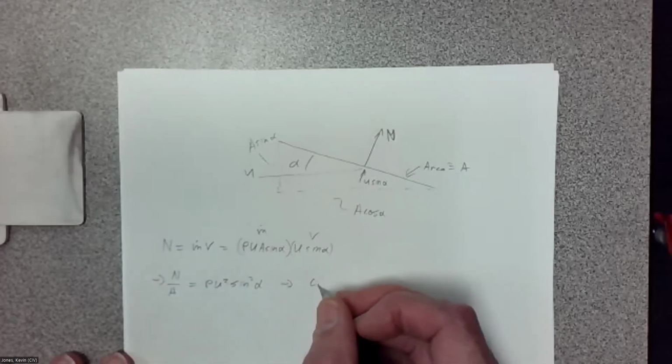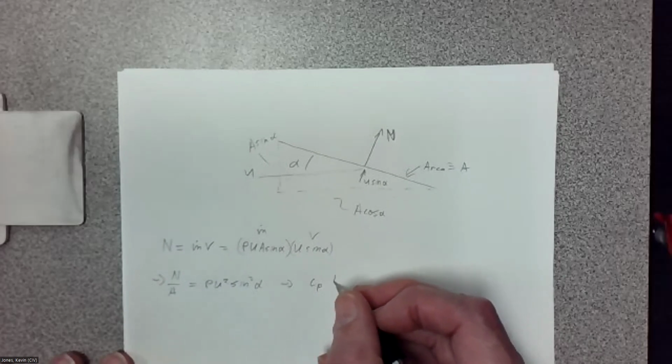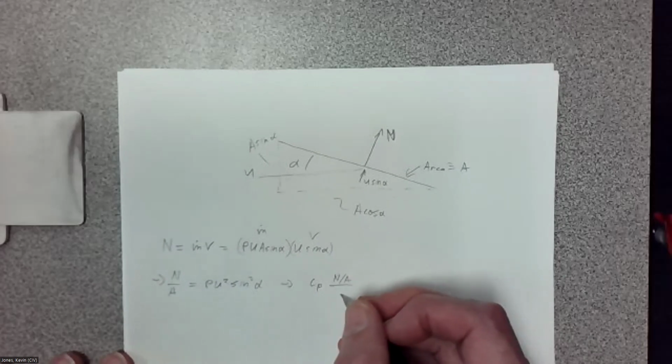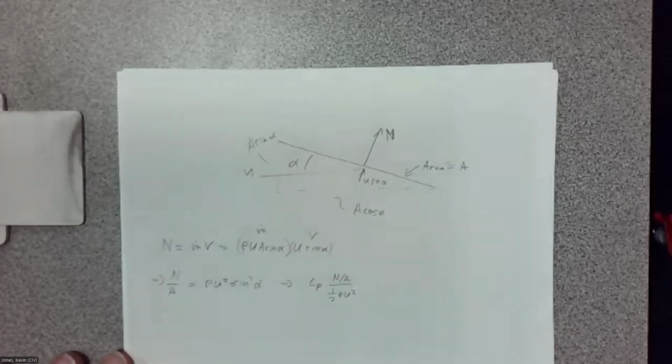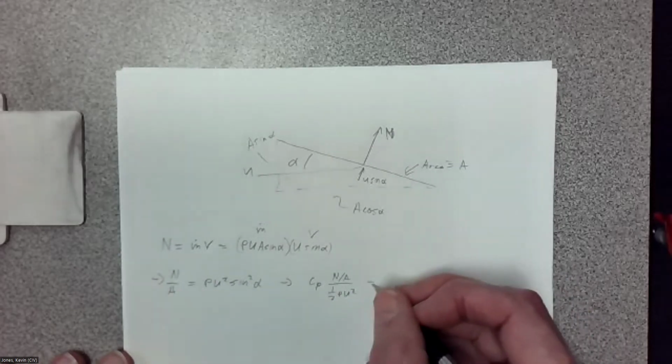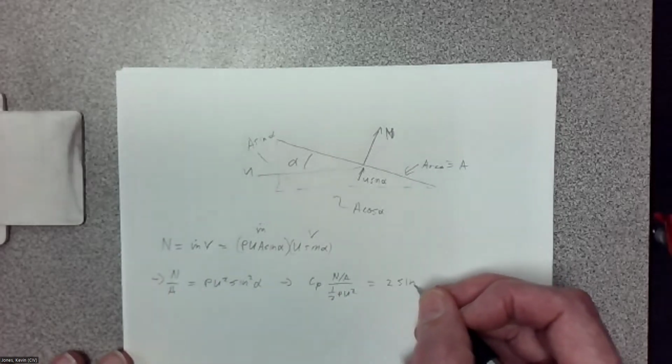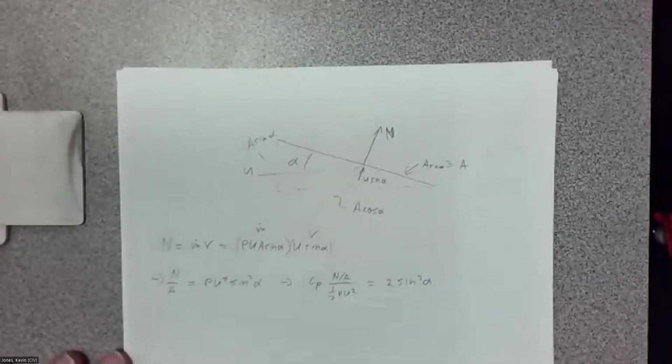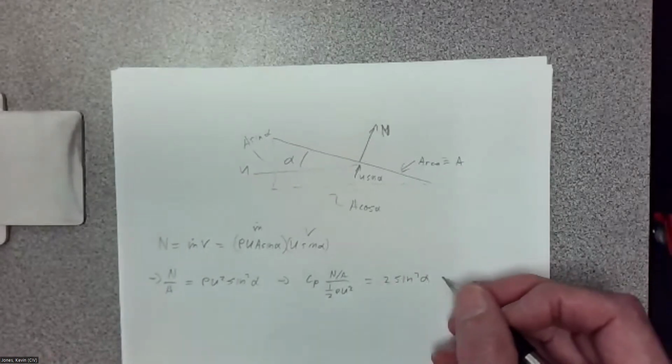And CP will be N over A over one half rho u squared. If we plug that in, the rho u squared is going to cancel out, and I get 2 sine squared alpha. Okay, so that's it. That's my CP.